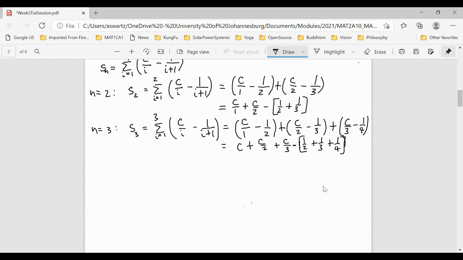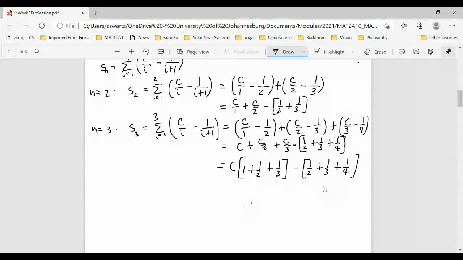So this is going to be C, and I can factor out the C here, and I get C times (1 plus a half plus a third) minus (a half plus a third plus a quarter). Nice. Okay, so I'm beginning to see a pattern emerge here.